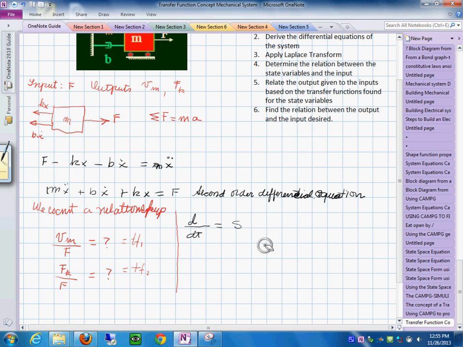This was the basic principle for the Laplace operator. This is called the Laplace operator. So if I do d/dt of x, this is going to be s times x of s.